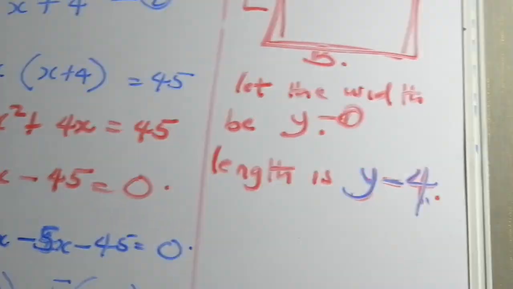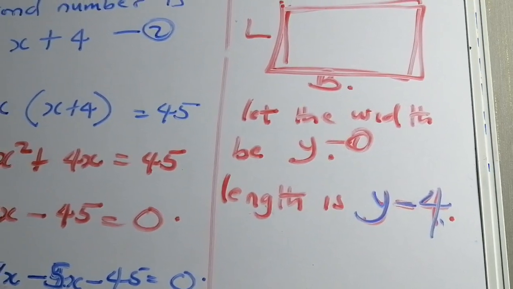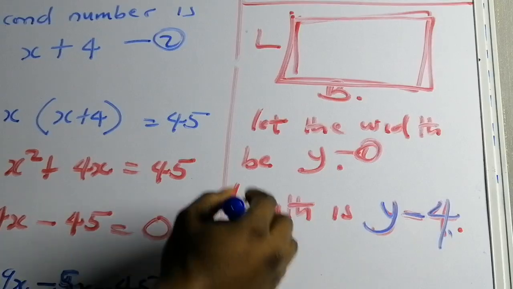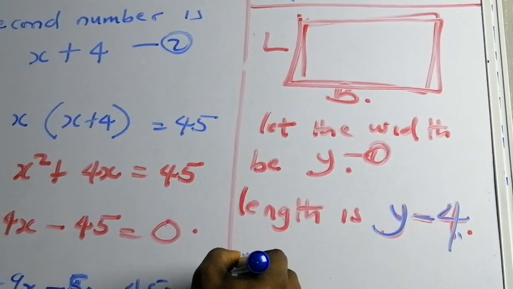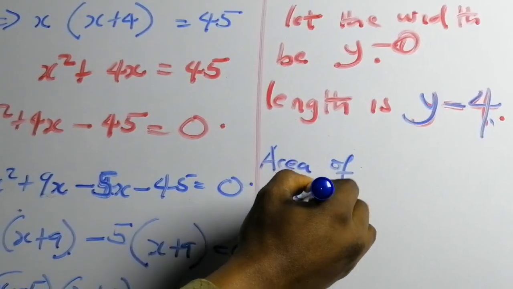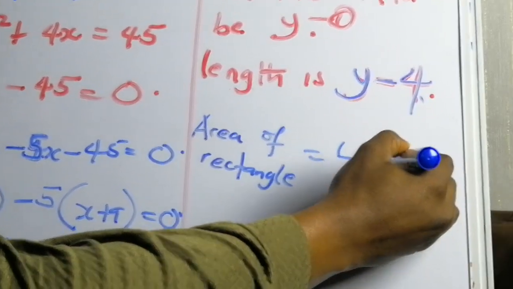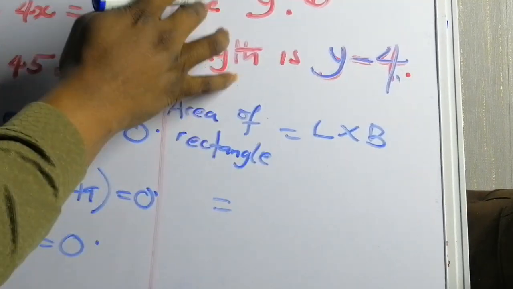Now they said its area is 45 meters square. It means the area of a rectangle, which equals length times breadth. So what is my length?